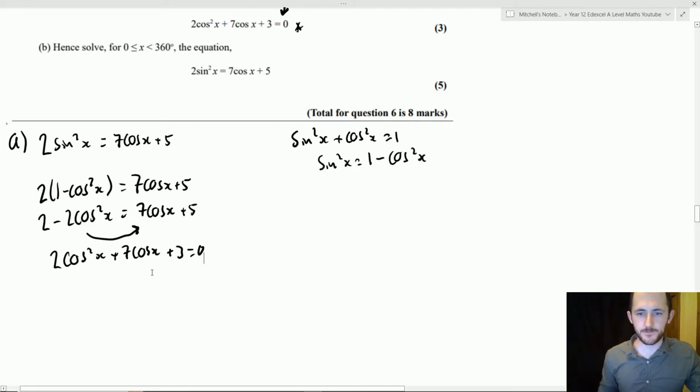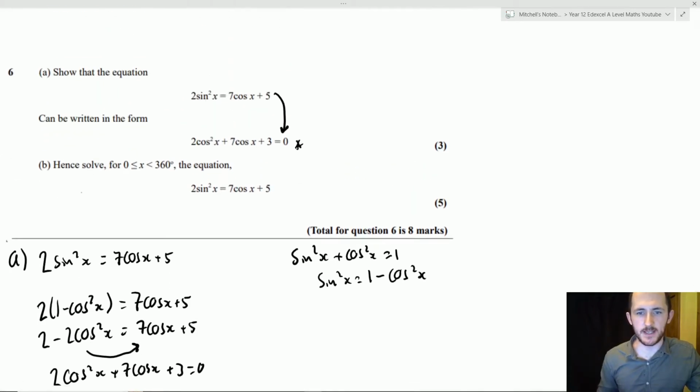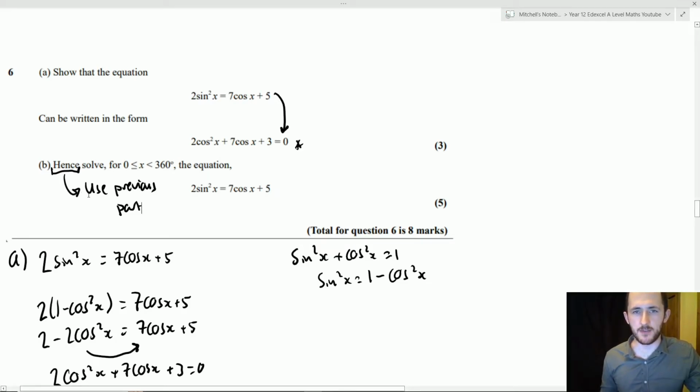Perfect. Now it says hence solve. Now I've told guys before, as part of our students before, that whenever you see hence in a question, what it means is always use the previous part. So you'll find this in maths, you'll find it in physics, you'll find it in chemistry, biology, everything, okay?